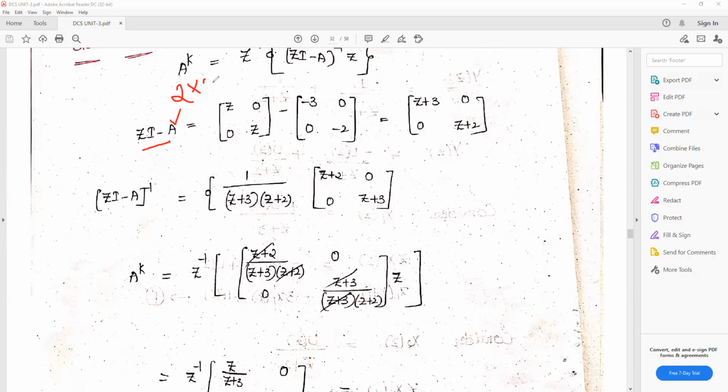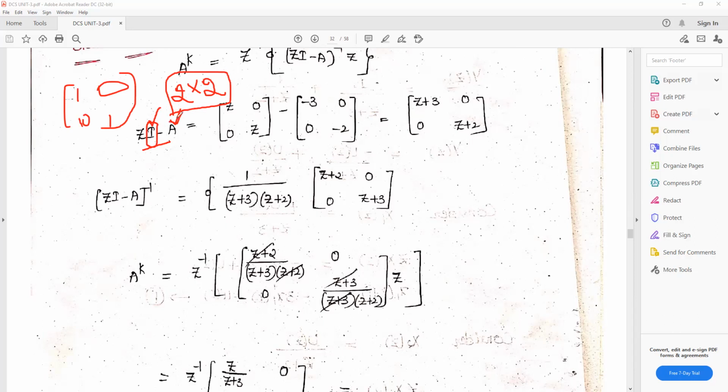a 2/2 matrix. A matrix is a 2/2 matrix, so the identity matrix is also taken as 2/2: 1, 0, 0, 1. The identity matrix we take depends upon the A matrix.